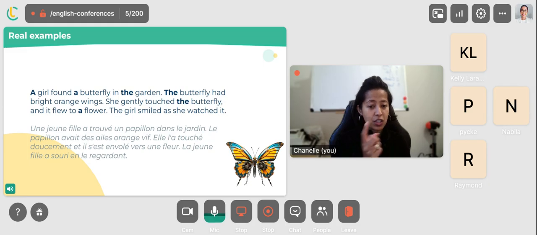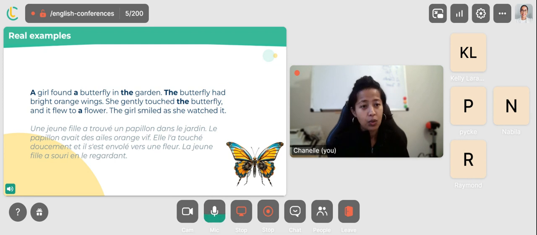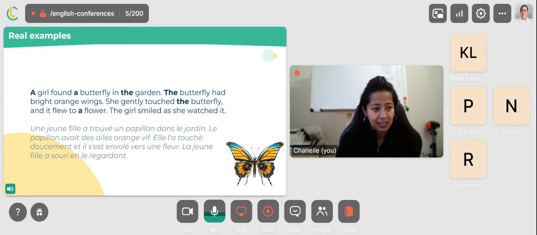She gently touched the butterfly. Now I'm using "the butterfly" because I have already mentioned a butterfly in the first sentence. So now I am specifying which butterfly. It then flew to a flower. So not a specific flower, just a flower in general.